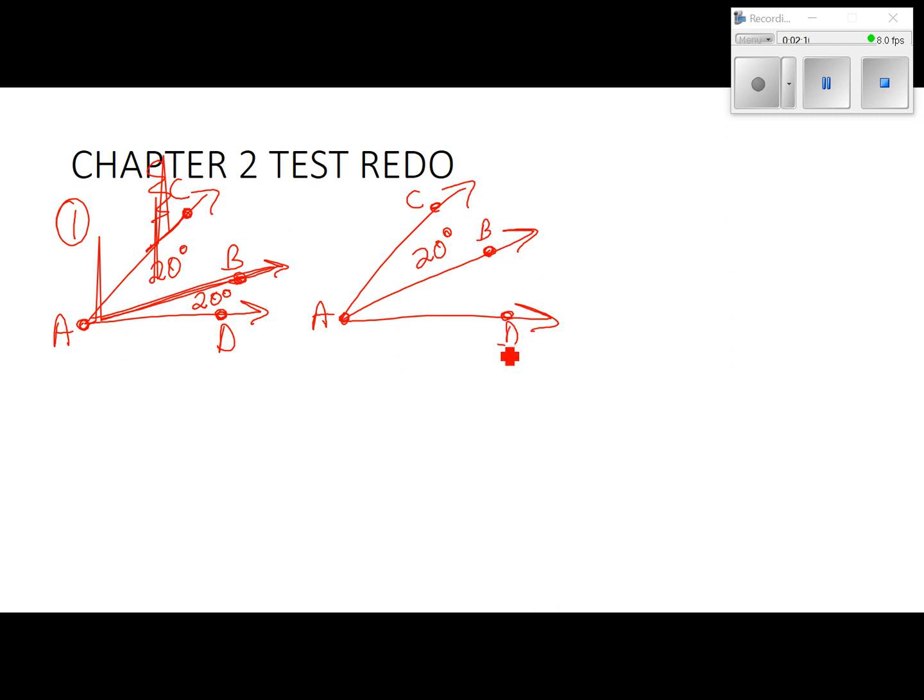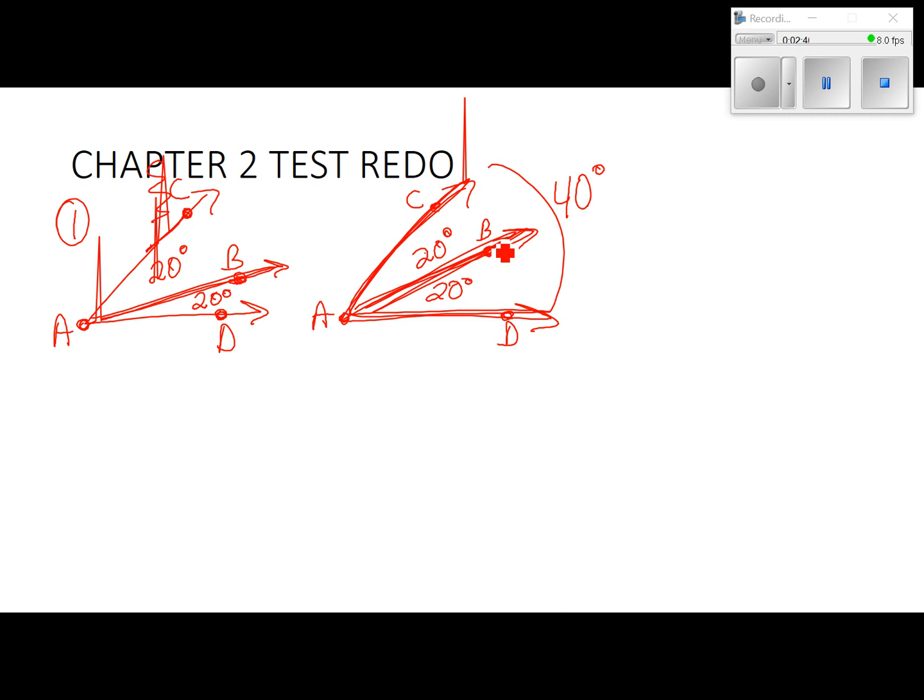And I'm probably not going to put those letters on there every time, to speed this along. Then they tell us angle CAD, that's this whole angle, is 40. Well, if that's 40 and this is 20, that means this has to be 20. So then this would be an angle bisector. So again, that's not a counterexample.